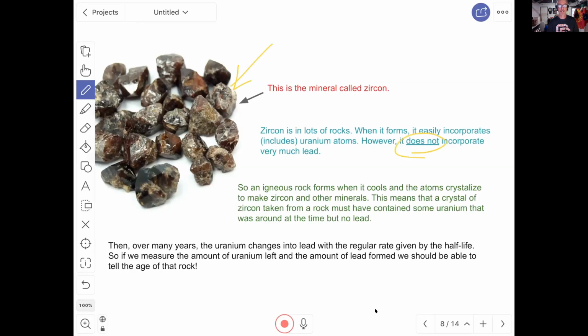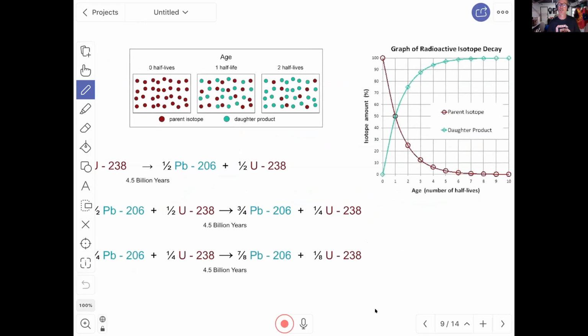Well, the half-life of uranium is huge, 4.5 billion years. In other words, it takes 4.5 billion years for uranium to decay 1/2 of itself.